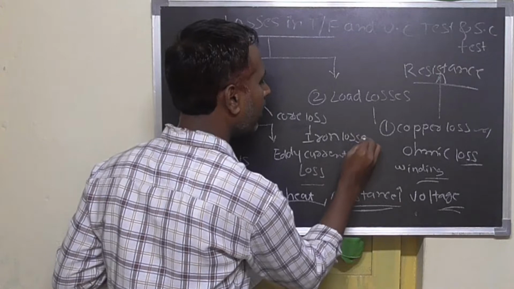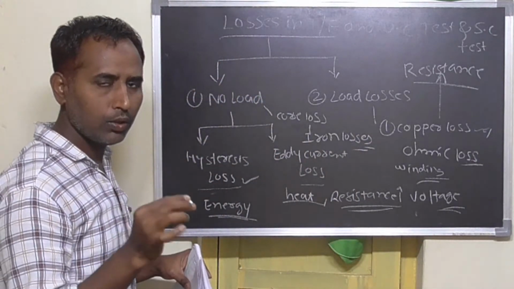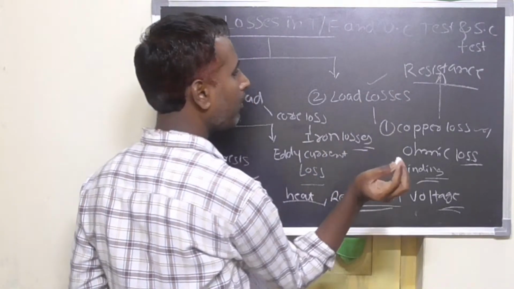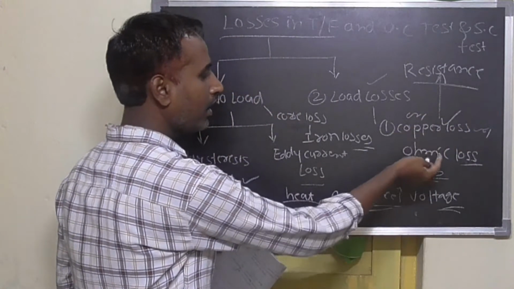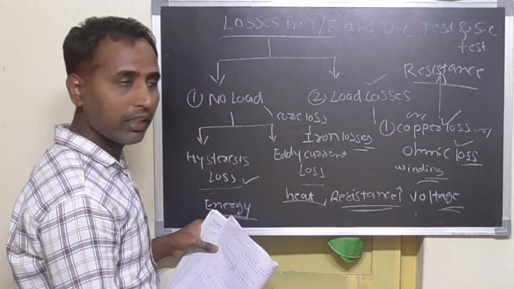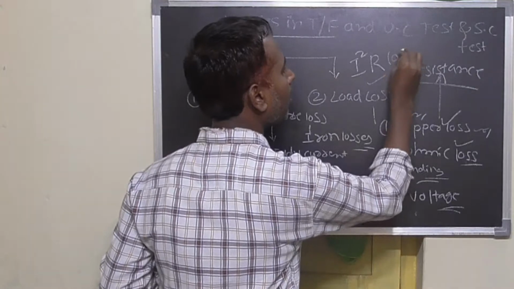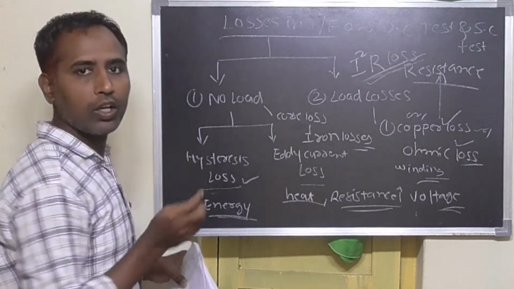These are the other names of no load losses. The other name of load losses is copper loss. Another name of copper loss is ohmic loss, and another name of ohmic loss is I square R loss.